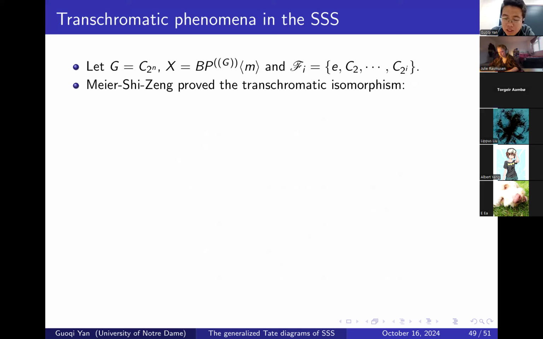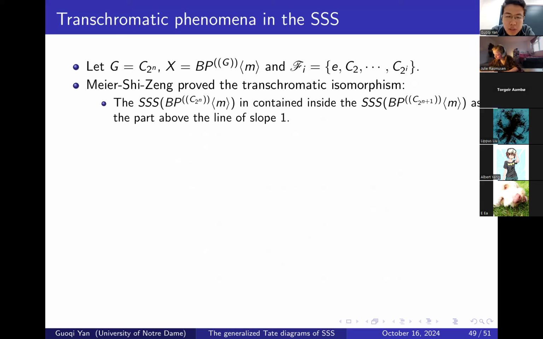Meier, Shi, Zeng first proved the transchromatic isomorphism in the positive cone. In plain words, that says the slice spectral sequence of the lower height theory is contained inside the slice spectral sequence of the higher height theory.